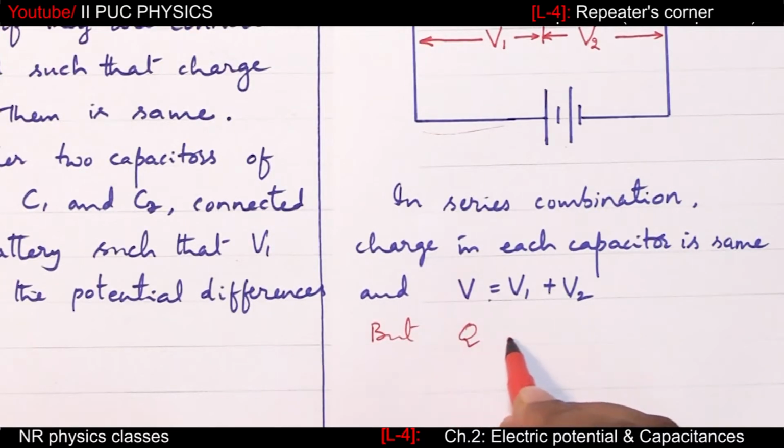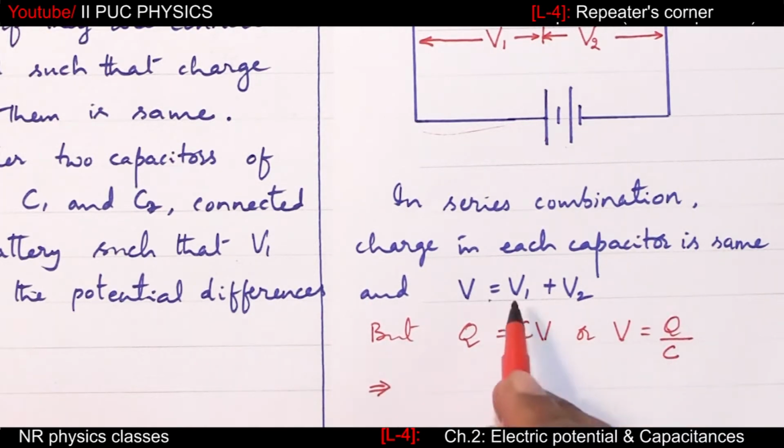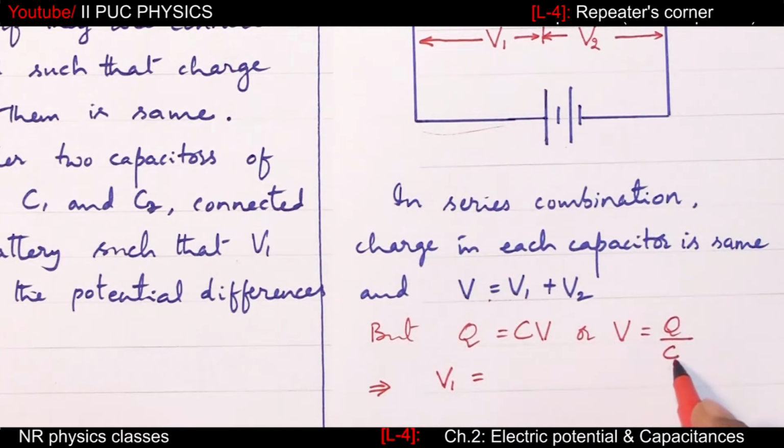But Q equal to CV or V equal to Q by C, implies V1 means potential difference across first capacitor is Q by C1 and V2 equal to Q by C2.